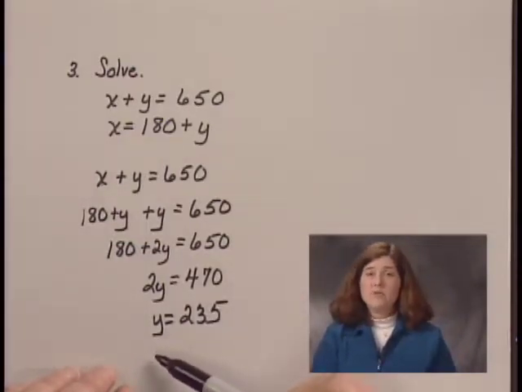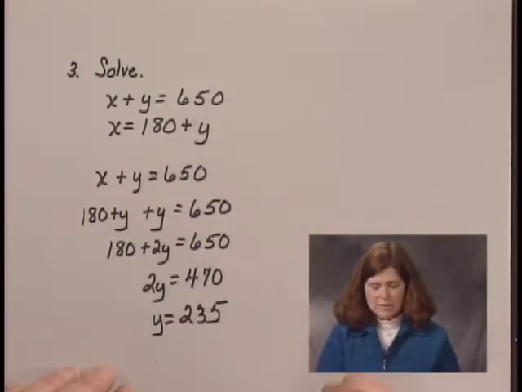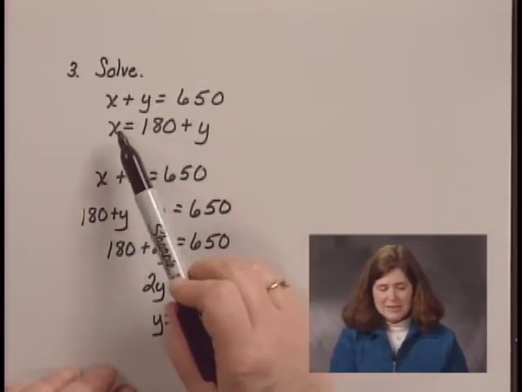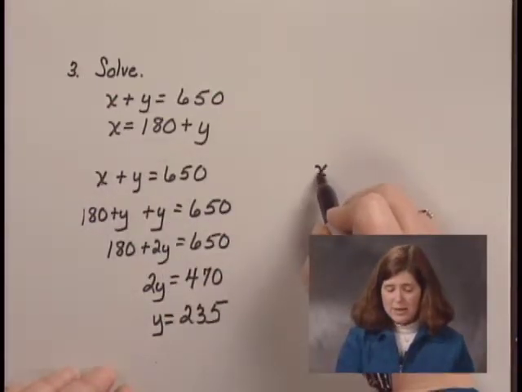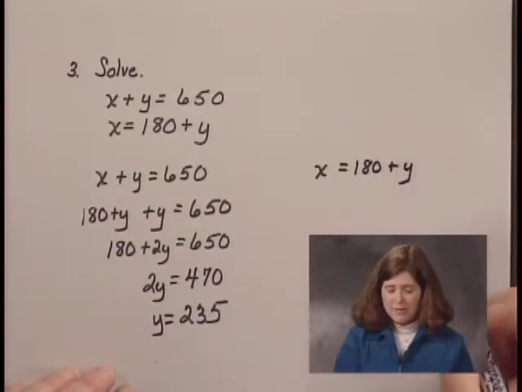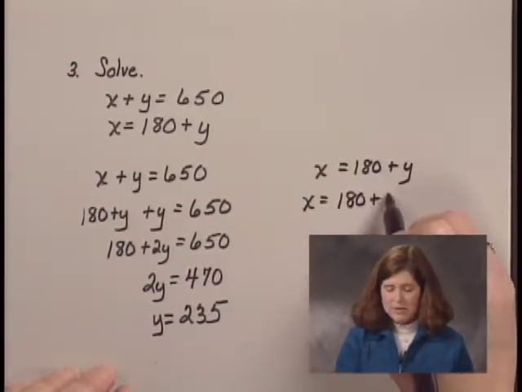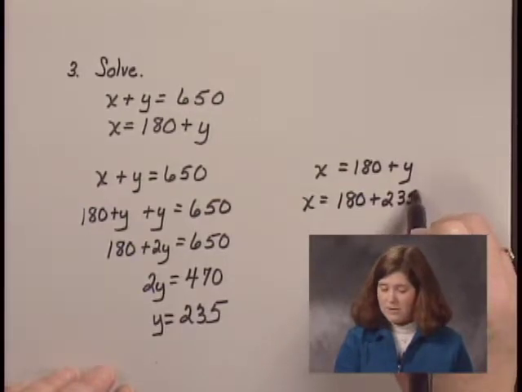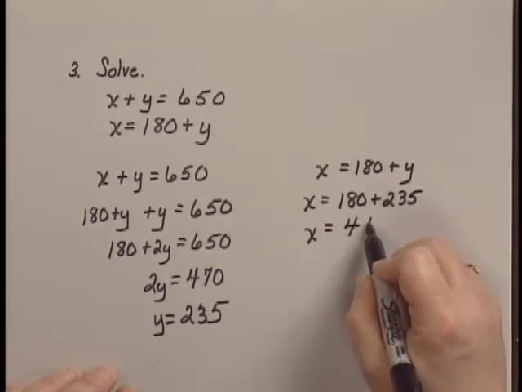This gives me a value for y, and I substitute y in one of these two equations to find x. Since the second equation is solved for x, it will be easiest to use that one. X is 180 plus y, so x is 180 plus 235. Adding, I have x equals 415.